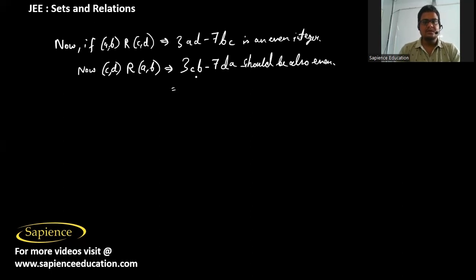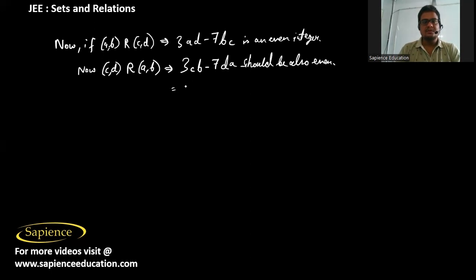So this we can write, this will be actually 3ad minus 7bc.